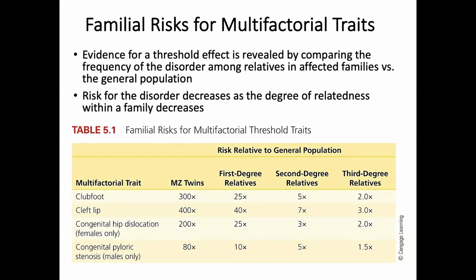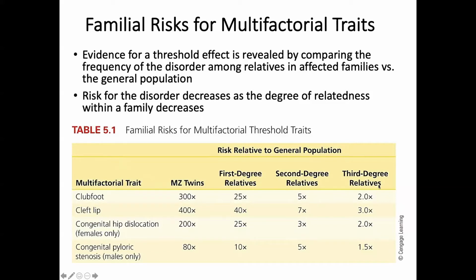This table shows the familial risks for multifactorial threshold traits, such as clubfoot and cleft lip shown here. So you can see that the risk for the disorder decreases as the degree of relatedness decreases.